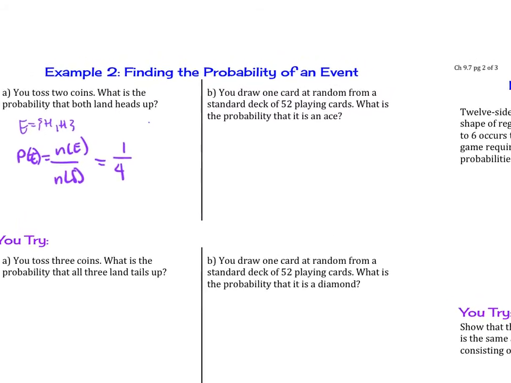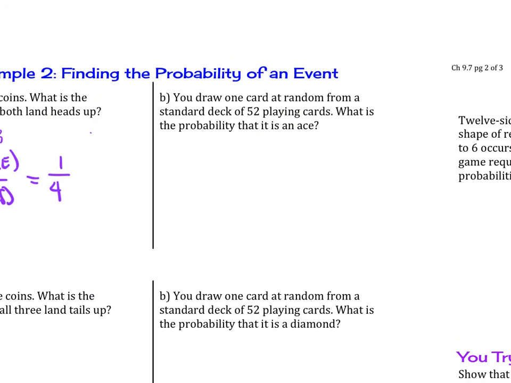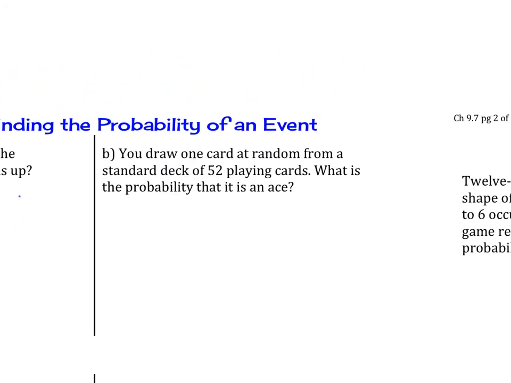Now let's try the next one. You draw 1 card at random from a standard deck of 52 playing cards. What's the probability that it is an ace? A little background on cards if you don't know them: there are 4 suits: hearts, diamonds, clubs, and spades. In each suit there is ace, 2, 3, 4, 5, 6, 7, 8, 9, 10, and then jack, queen, and king. The jack, queen, and king are what we call our face cards.